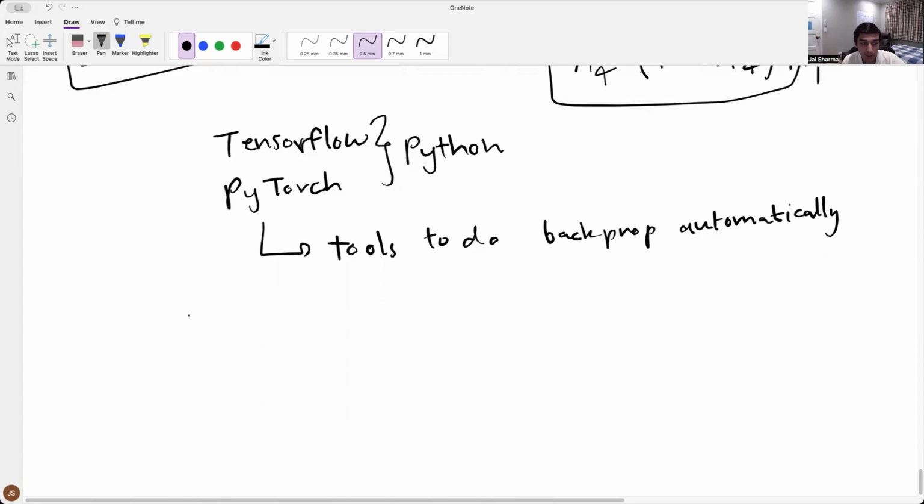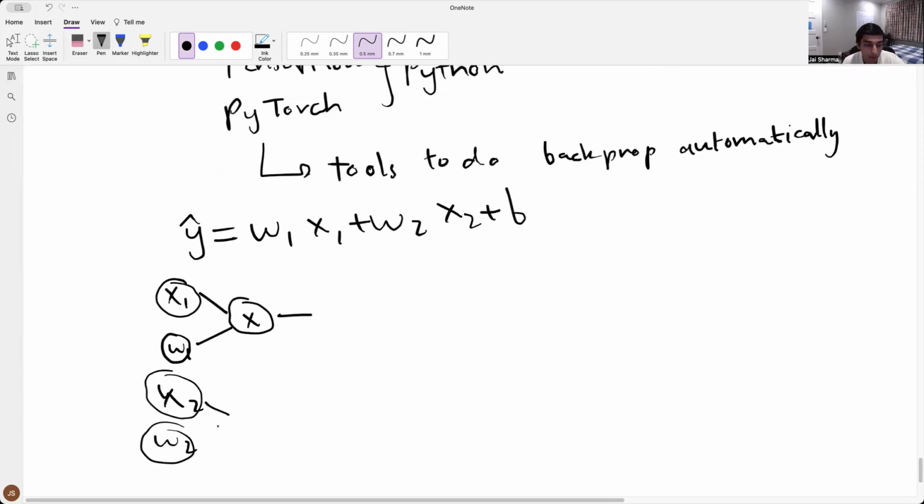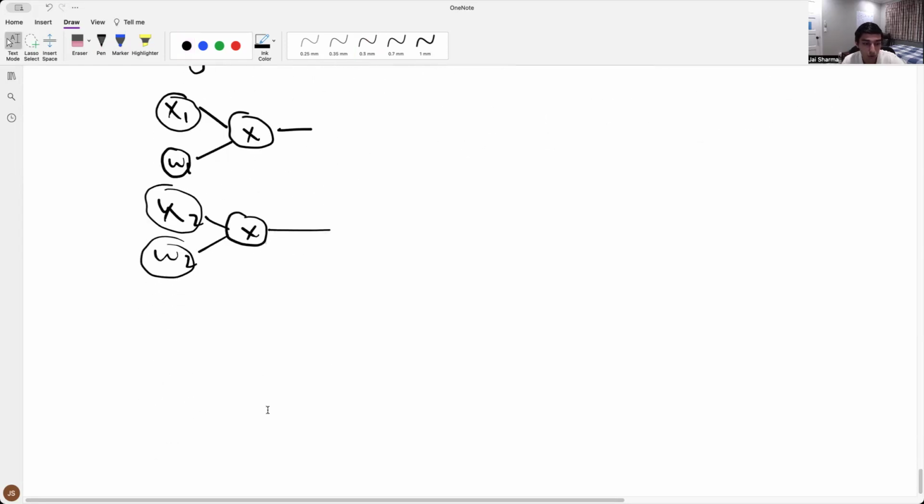Let's say my y hat is equal to w1 x1 plus w2 x2 plus b. So what they'll have is really elaborate diagrams of like x1 and then w1, and then we took these together, we multiplied them, and then you had x2, w2, you took these together and you multiplied them, and then you have also a b.